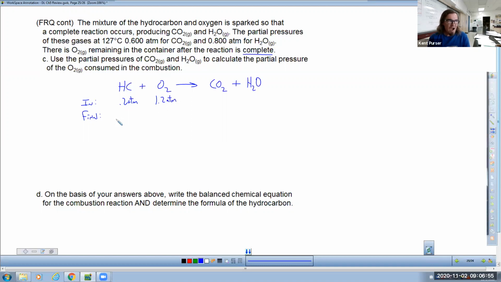Then in the final conditions, we're down to 0 atmospheres of this. We were at 0 and 0 here initially, and then we're at 0.6 atmospheres and 0.8 atmospheres. And they want us to calculate the partial pressure of oxygen left after the reaction. There's your money question.